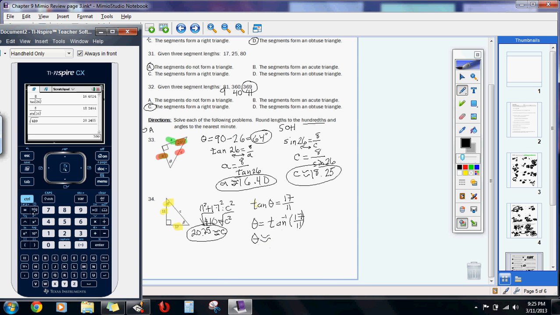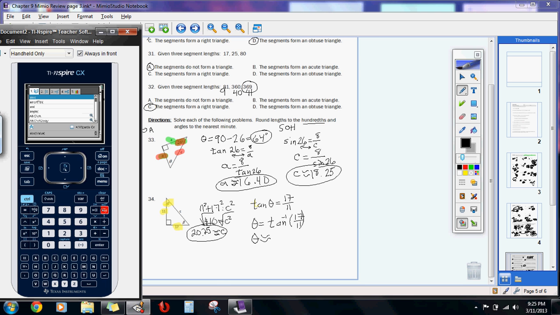So I'm going to go over here and hit trig and tangent inverse, and then type in 17 divided by 11 and hit enter. And I have my angle, but remember we want to convert these to DMS. Some of you have been finding a fast way to do this.